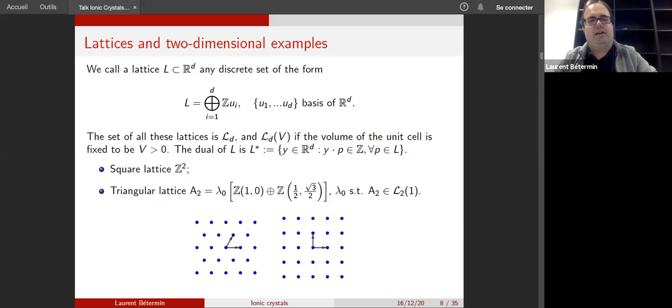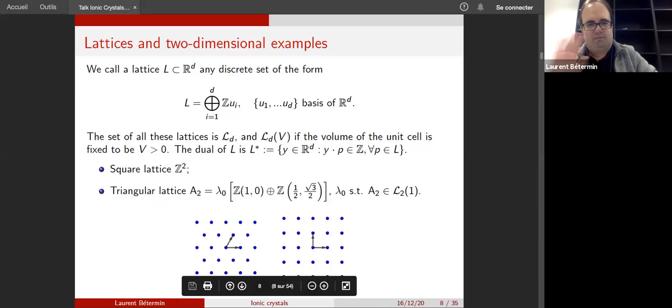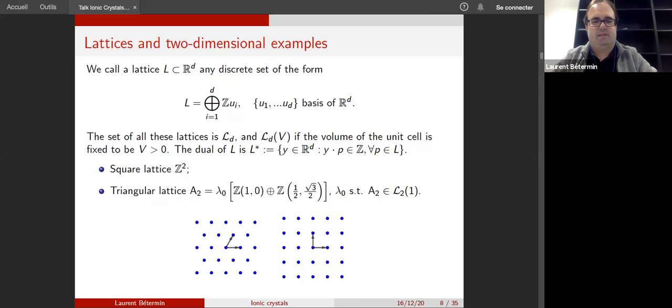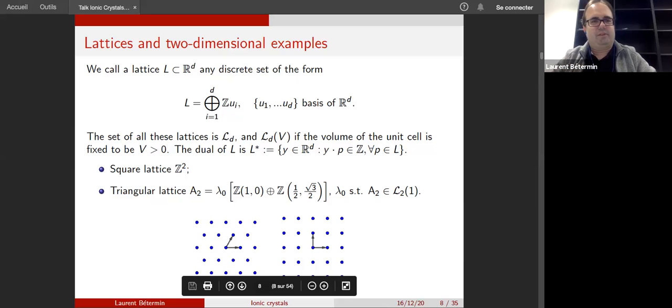The examples I will give you here are very well known. The square lattice, which is Z^2, and the triangular lattice, here with density 1, this is Lambda_0, where one point is surrounded by 6 neighbors all the time.